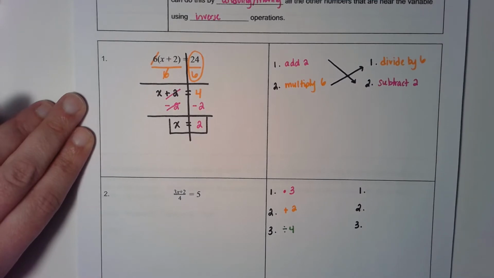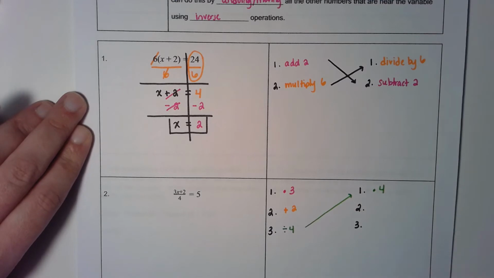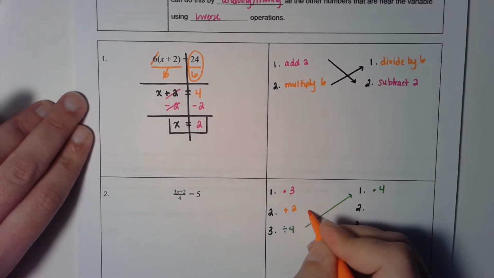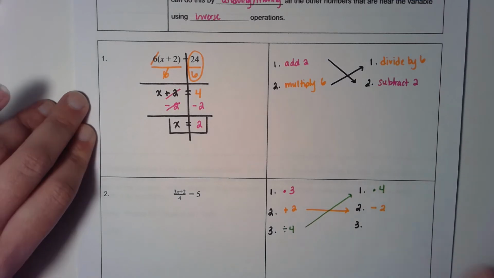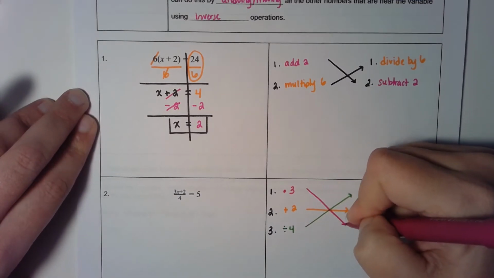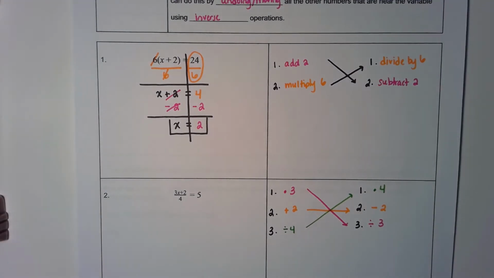So first, we're going to multiply by 4 because that's the opposite of division. Then we're going to subtract 2 because that's the opposite of adding. Then we're going to divide by 3 because that's the opposite of multiplication.